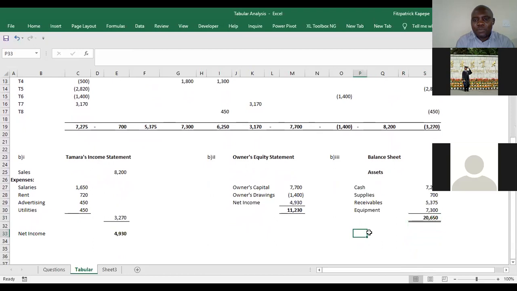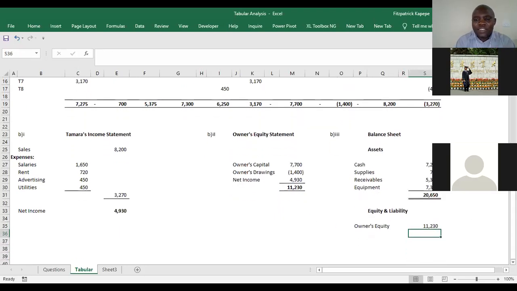Then now under assets, you look at equity and liabilities. Under this, guys, you have owner's equity, which you get from your statement there. Other than owner's equity, you have trade payables.